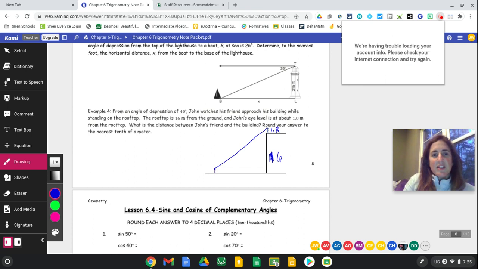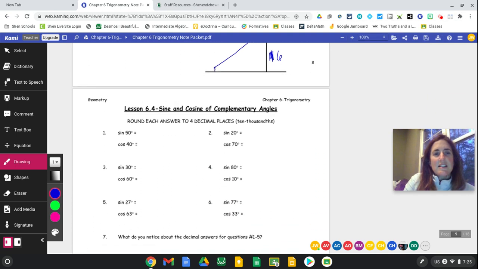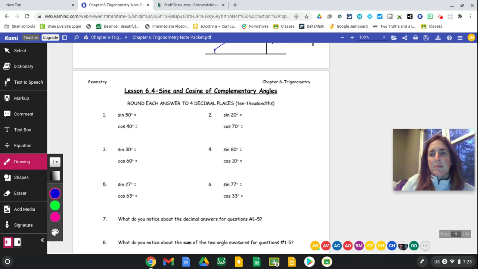So let's move on to lesson 6.4 down here. So in lesson 6.4, we're just simply plugging in decimals into our calculator and calculating some things with our functions. So you're going to type in sine of 50, cosine of 40, get their decimals. Sine of 20, cosine of 70, get their decimals.